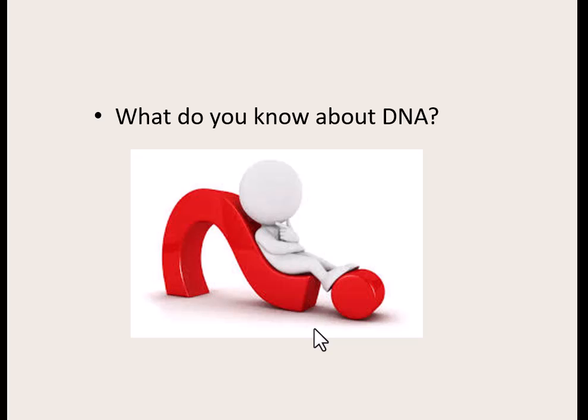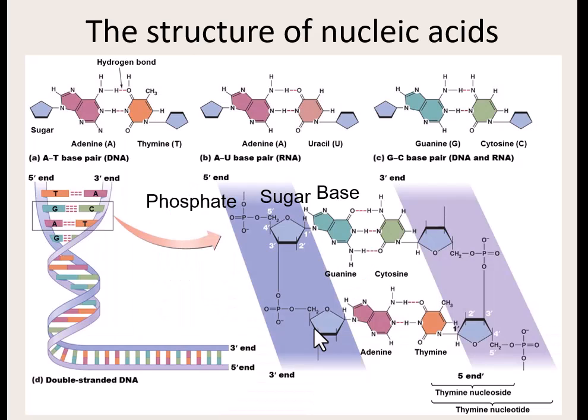Since we are going to talk about DNA, and I know this is not the first time you've ever heard of DNA, because even my kids in middle school are learning DNA, here is a little bit of review, things you probably already know about DNA. One, it's double-stranded.